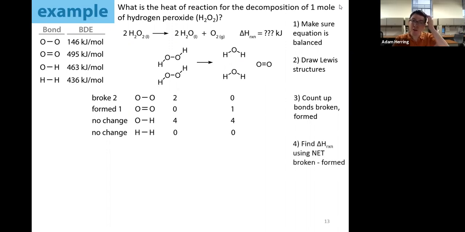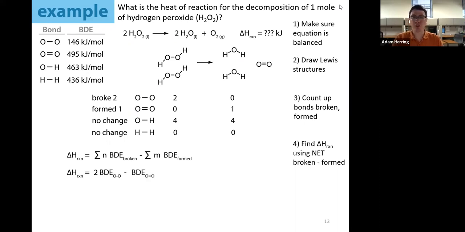So we can find the enthalpy of reaction by using the net energy of the bonds broken minus the net energy of the bonds that are formed. So we can take the number of oxygen-oxygen single bonds, which is 2, and subtract the number of oxygen-oxygen double bonds, which is 1.